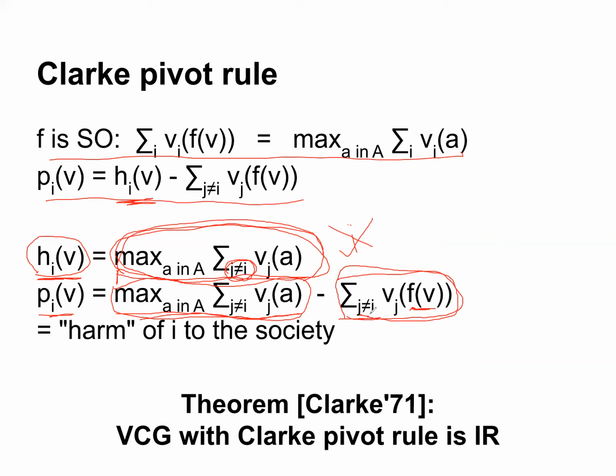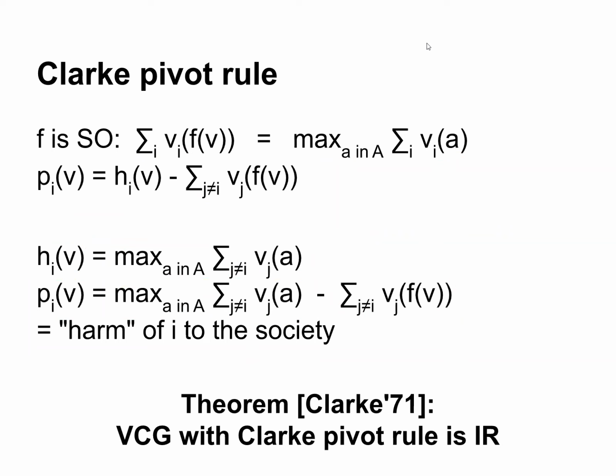But we are summing up the happiness of all the users except I. And here we are optimizing when I was not in the picture. So these two things are almost the same, except that here we are removing user I from the picture and then maximizing the social welfare. And here user I is in the picture, so we are optimizing together with user I, but then we are summing up the evaluations of everybody else except user I.